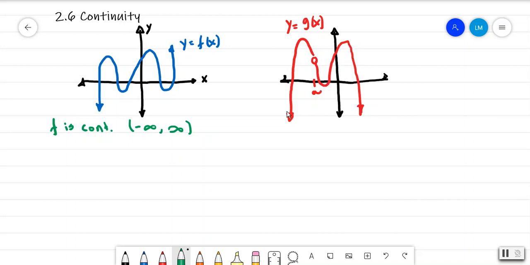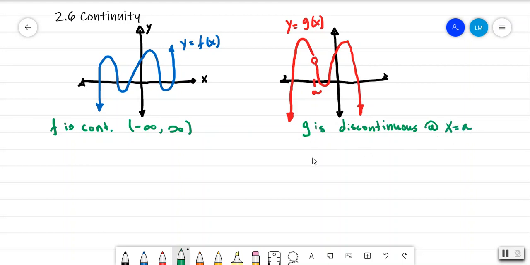From here I observed that g is discontinuous. So I'm making the note that it's discontinuous at x equals a.